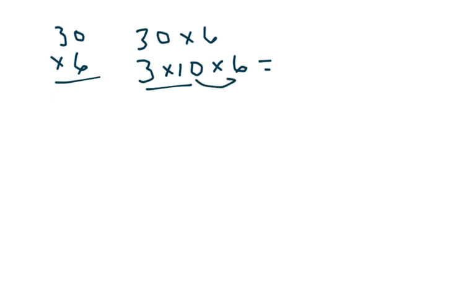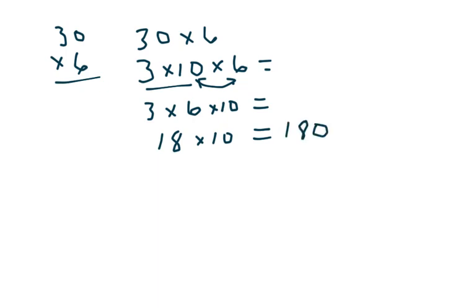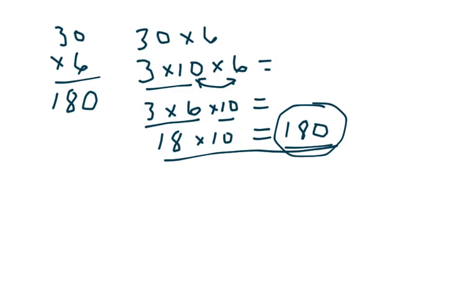Again, the commutative property says we can change the order without changing the value. So 3 times 6 times 10, okay? That's 18 times 10. And following our rule, it's 10 times as much. You add the 0. The answer is 180. So there's a way to do it mathematically. 30 times 6 is 3 times 6 times 10, or 18 times 10, or 180.